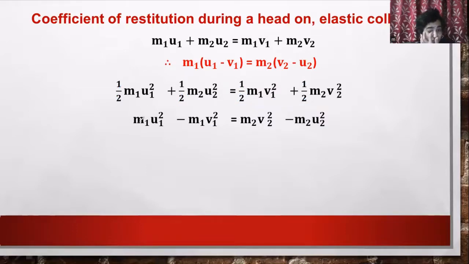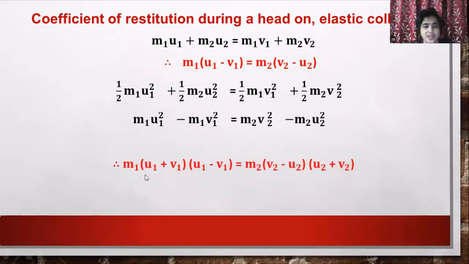Now we'll take m1 common, and u1 square minus v1 square will be factorized as u1 minus v1, u1 plus v1. So it is like this. m1 taken common, u1 minus v1 and u1 plus v1.